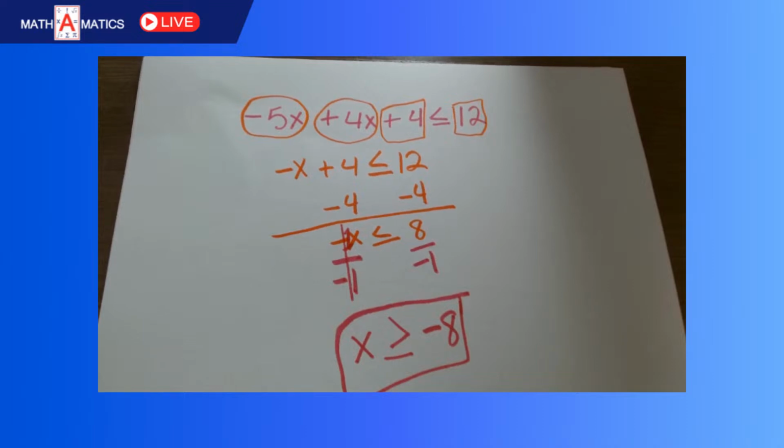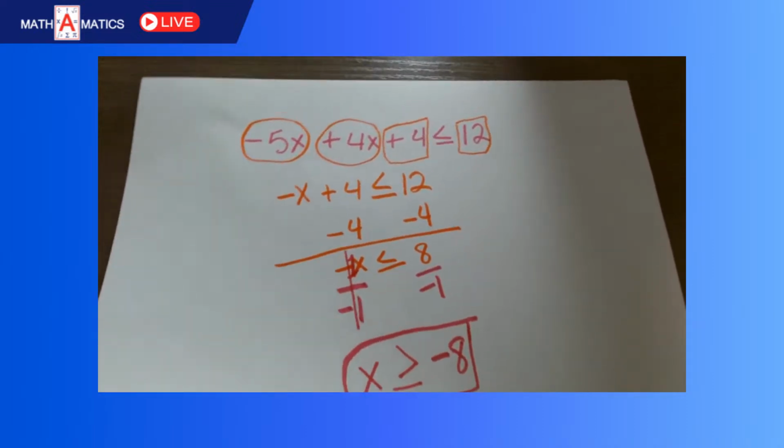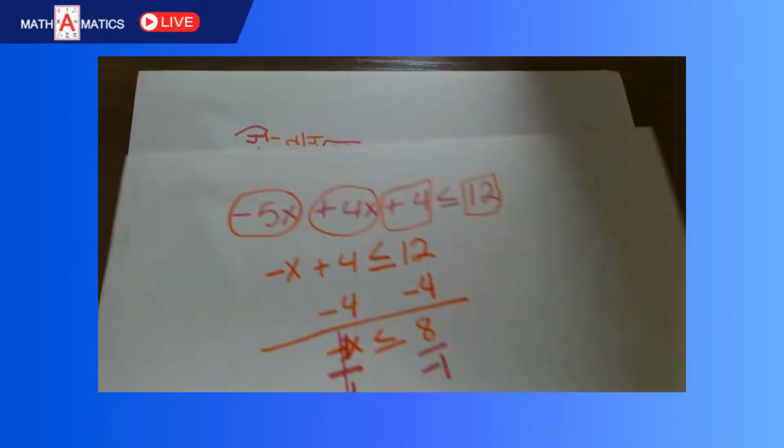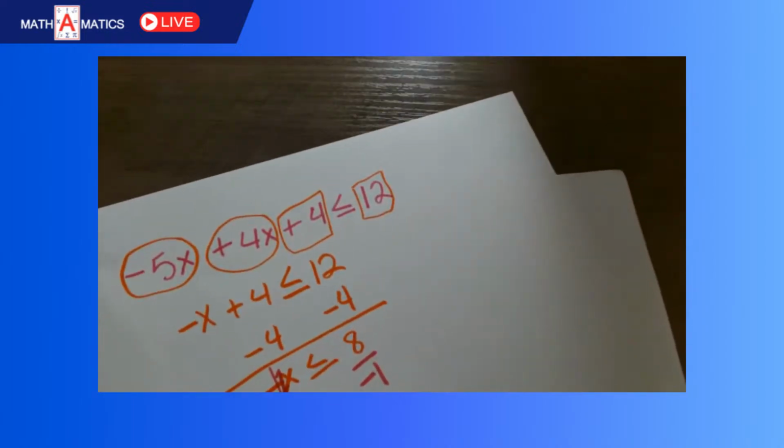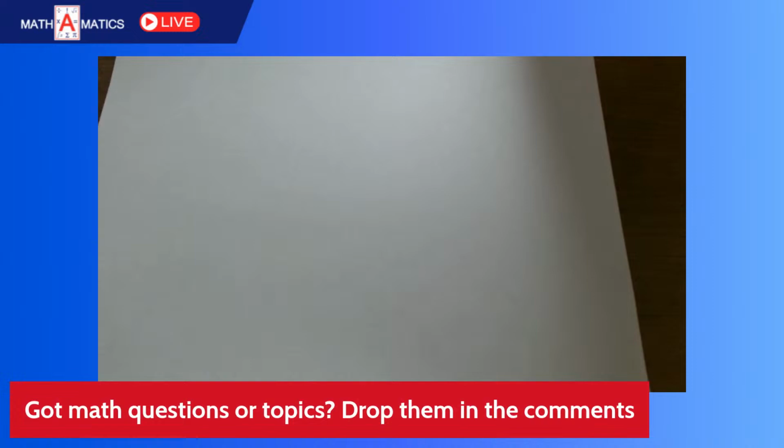So something else that I would love to show tonight. Well, I need a fresh piece of paper. Here we go. It is ordering rational numbers from greatest to least.